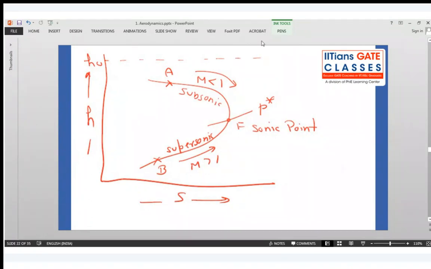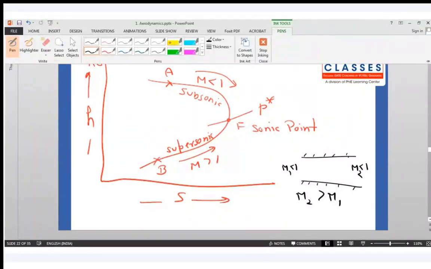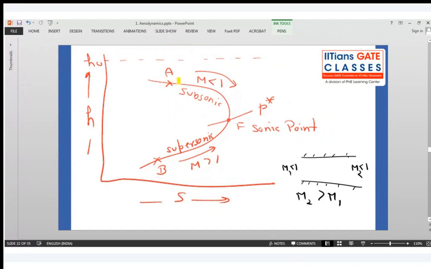When you open up the Fanno flow, if you take a simple duct, and if there's friction, and the incoming flow is subsonic, the outcoming flow will still be subsonic, but M2 will be higher than M1. So flow will accelerate. This tells you general features of the subsonic flow.